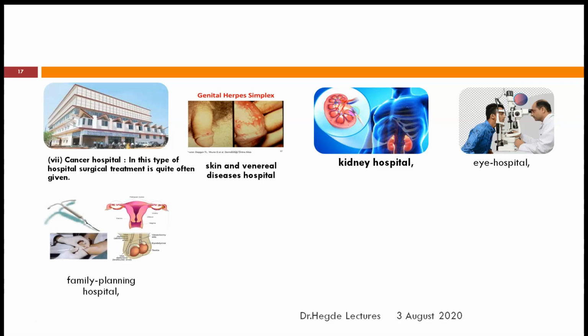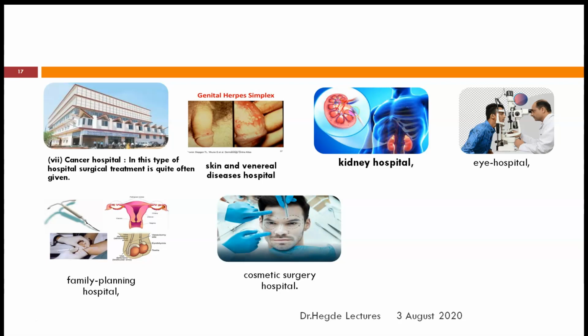Family planning hospital, where family planning is required, whether it may be tubectomy or vasectomy or implantation of any family planning devices. So a family planning hospital is referred in such cases.